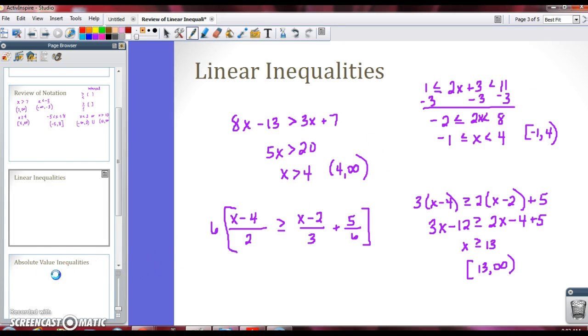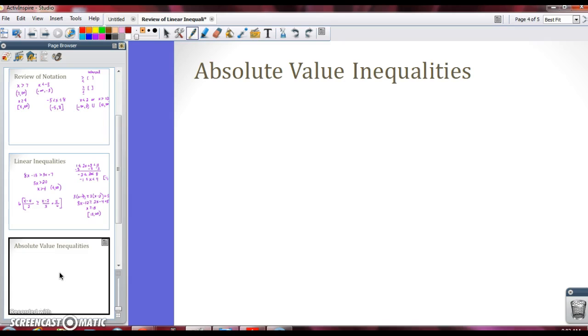Okay, so that is some review on linear inequalities. Let's talk about absolute value. We have two situations. We can have an absolute value that is less than something or an absolute value that is greater. So let's start with the less than. Here's my number line. If I have 0, 1, and 2, and then here's negative 1 and negative 2.